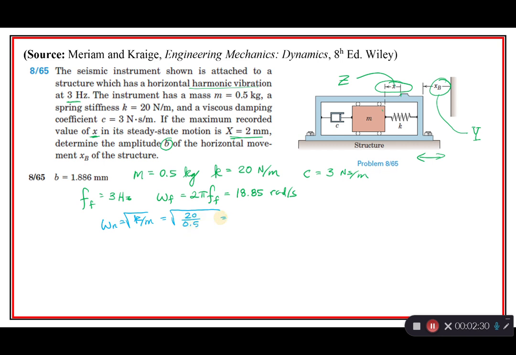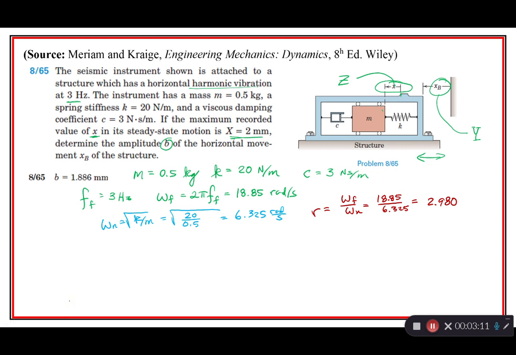These are pretty small numbers, so we can see in a little bit what type of meter this is when we take our R, omega F over omega N, and we see we have 18.85 over 6.325, which is 2.980. So we're right about where a vibrometer can do for us.